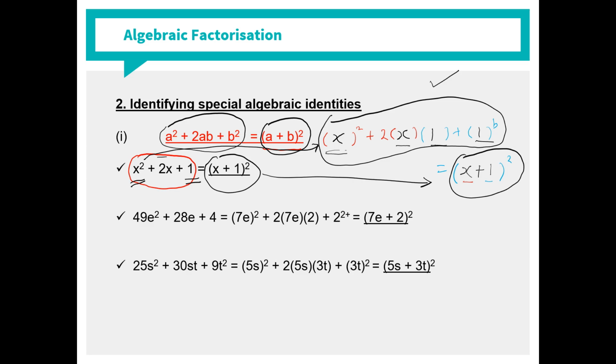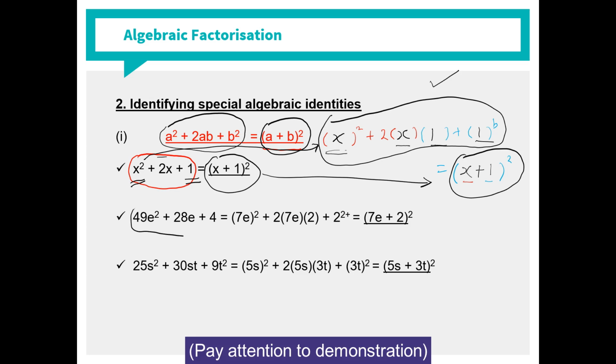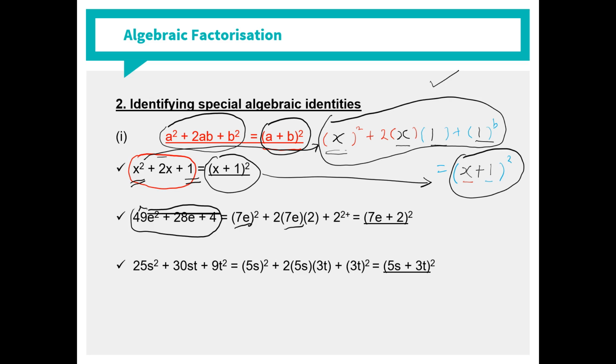We use the same method for the second example. 49e squared, plus 28e plus 4. So I put this in this bracket, and I put this in this bracket. We identify that 7e whole thing squared will give me 49e squared, so I put it into here and here.